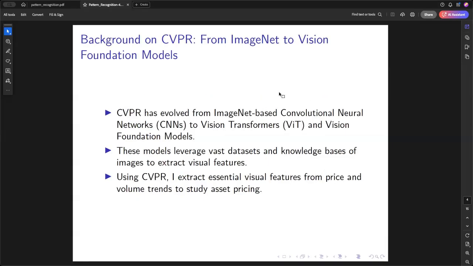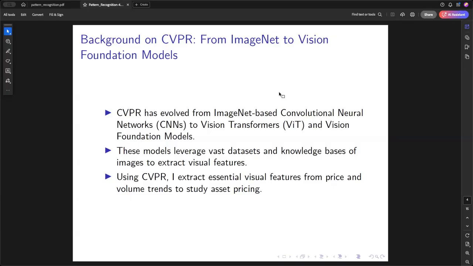So CVPR has been a rapidly growing field, and from ImageNet, which links millions of images to objects, and the convolutional neural networks and the recent vision transformer and vision foundation models, it has been gaining traction.